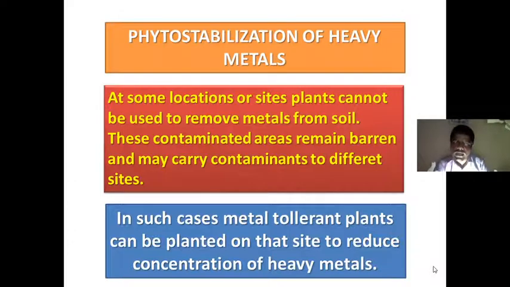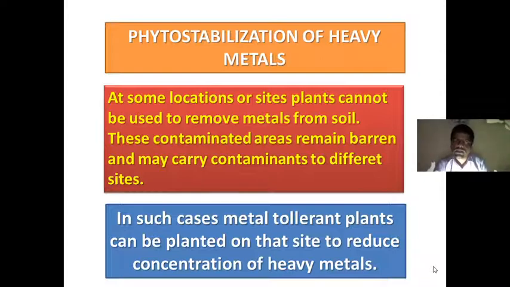Because of that, those locations remain barren, and they may carry contaminants to different sites with the help of wind movements or soil erosion. So in such cases, metal tolerant plants can be planted on that site to reduce the concentration of heavy metals.